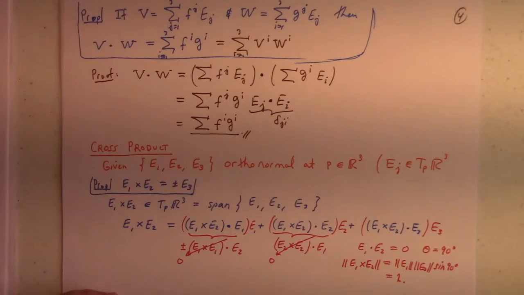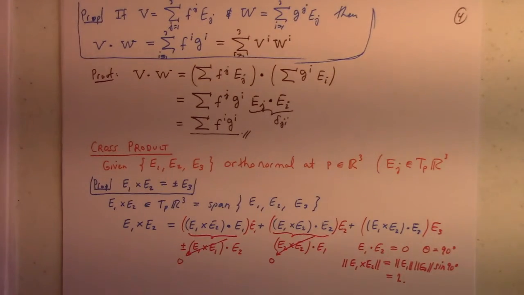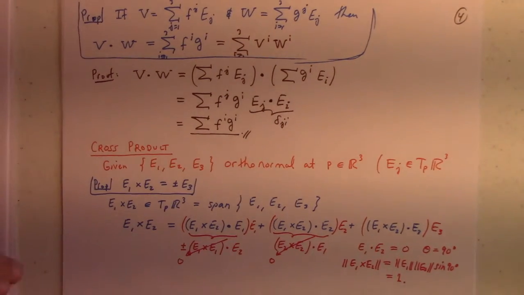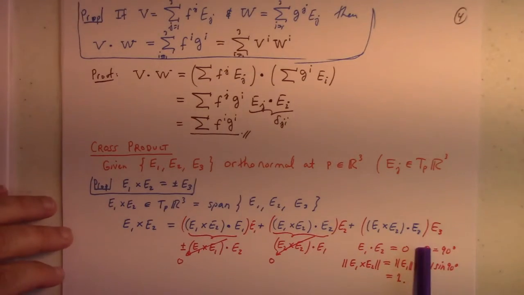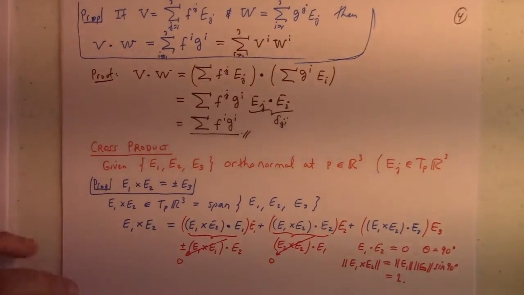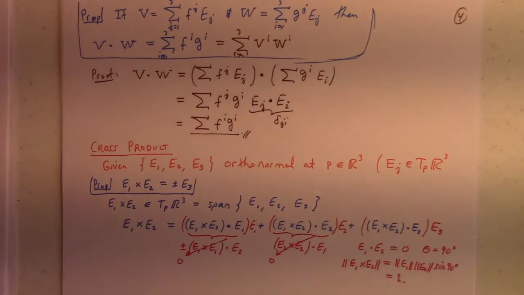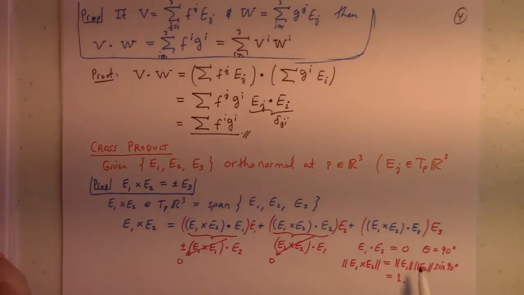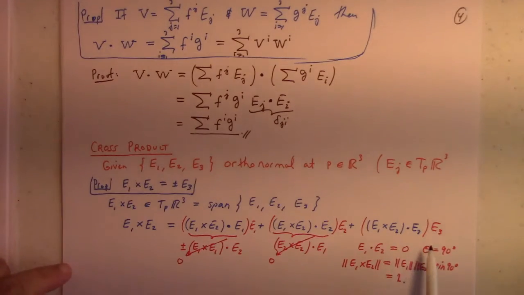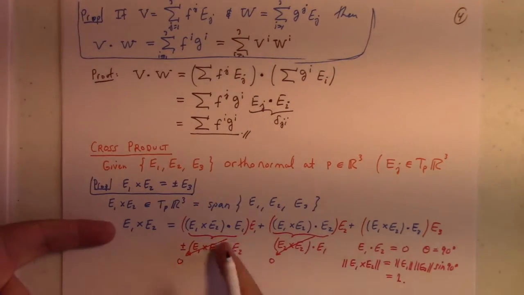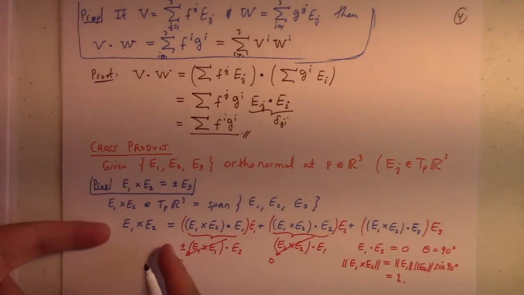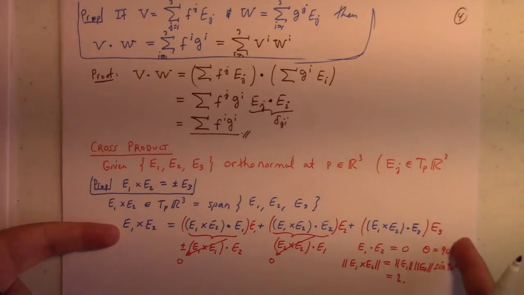It's kind of a moot point because I'm going to assume something in the next bit, so I'm just going to leave that little missing bit there. I'm sorry, but certainly the argument I showed you here shows you that E1 cross... Oh, I'm sorry, I'm an idiot. Look, this formula right here is itself proof that E1 cross E2 has to be in the E3 direction.